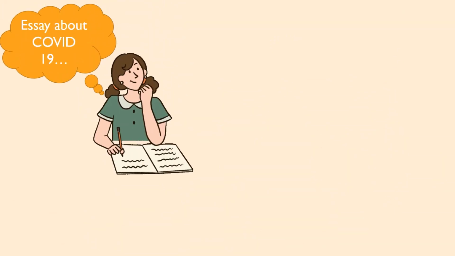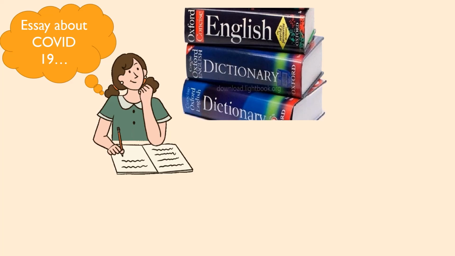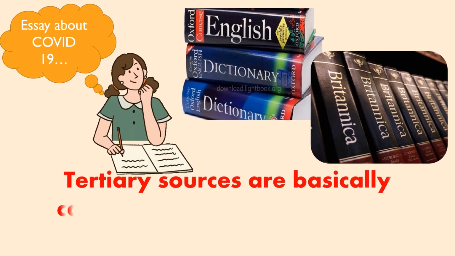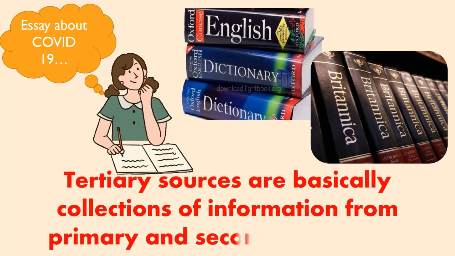To add discussion in your paper, you tried to search for definitions of coronavirus in some dictionaries and other related entries in an encyclopedia. Hence, you are now using tertiary sources that are basically collections of information from primary and secondary sources.